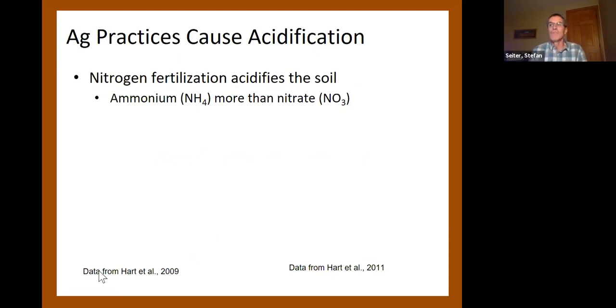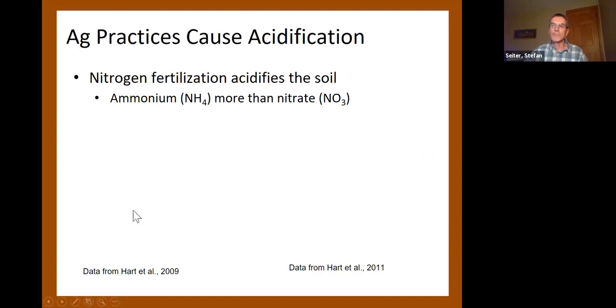Especially ammonium fertilizers, anything with ammonium in it has a very acidifying effect on the soil. Nitrates, not so much. Nitrates might convert into ammonium eventually. Ammonium converts into nitrates, but nitrates can also cycle back through some other steps. But in any case, if you use ammonium, you acidify the soil.